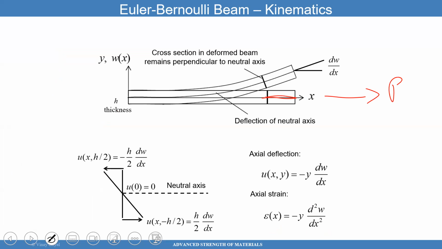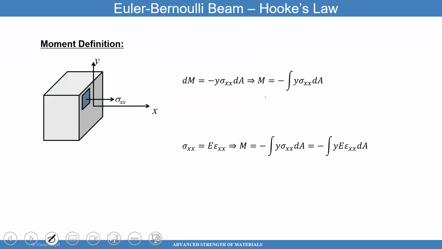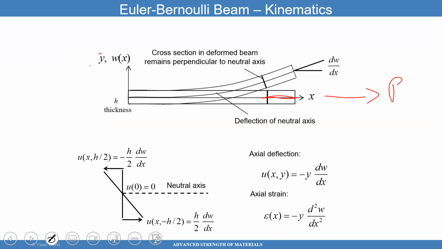Is that clear? So let me now look at the moment definition and maybe even the sign convention here. You can see that I'm pointing the y direction upwards. That's why I don't like us memorizing sign conventions, because honestly, it depends on how you define y.